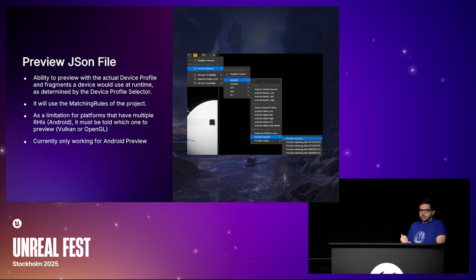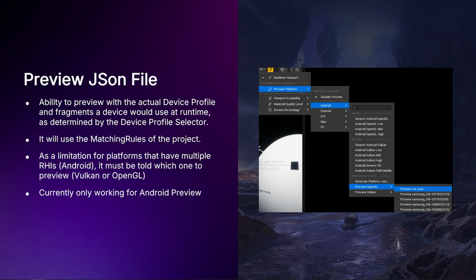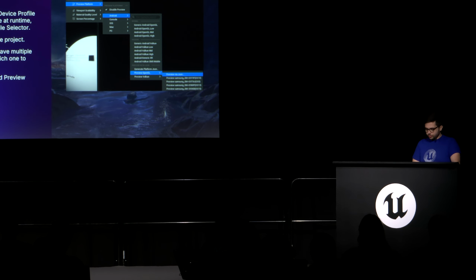As a limitation, because of the way we select Vulkan at runtime, you need to explicitly select the RHI you want to run. That's why in the right picture you have Vulkan and OpenGL, because we cannot make the same logic we usually do on device in the editor. And like I mentioned, it's only on Android preview for now.